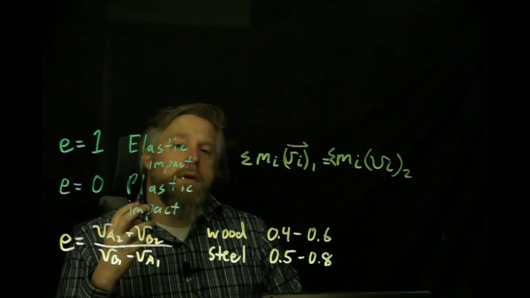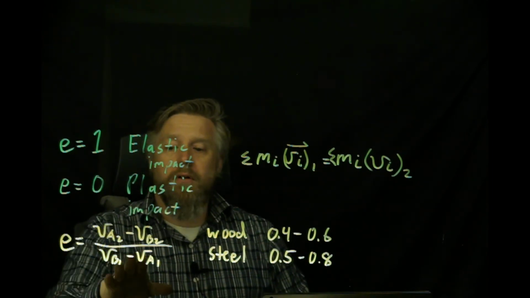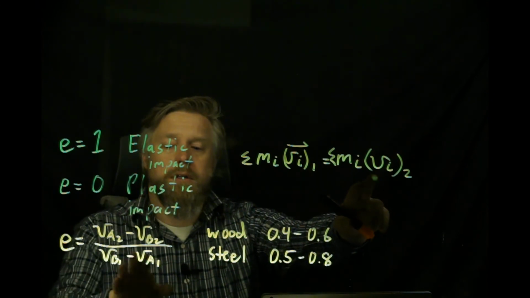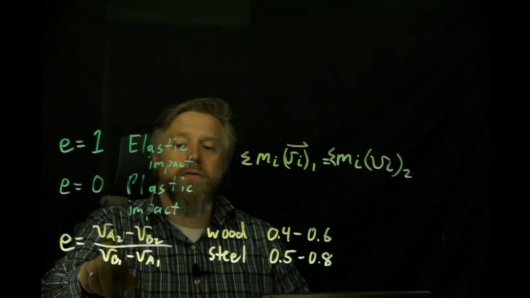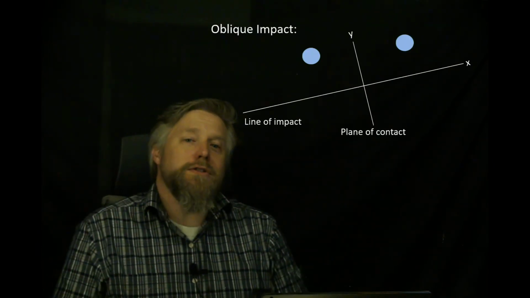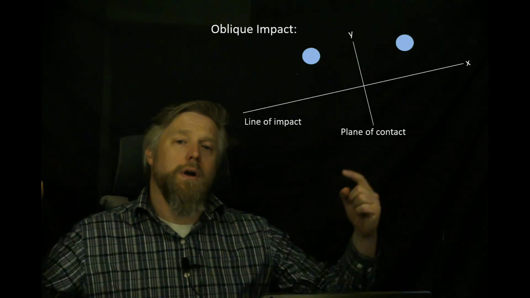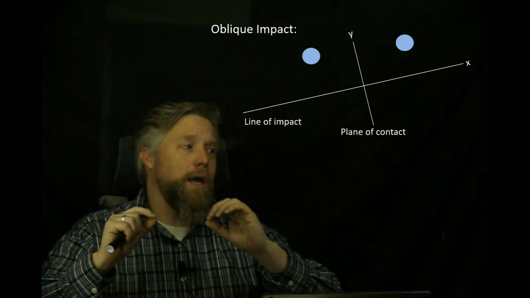So if you know the velocities of both particles before, and you know the coefficient of restitution, then you can find, using these equations, the two unknowns, which would be the velocity of one particle after and the velocity of the other particle after. But those equations only work for a central impact. Remember, a central impact was when two particles impact along a line that connects their two mass centers.